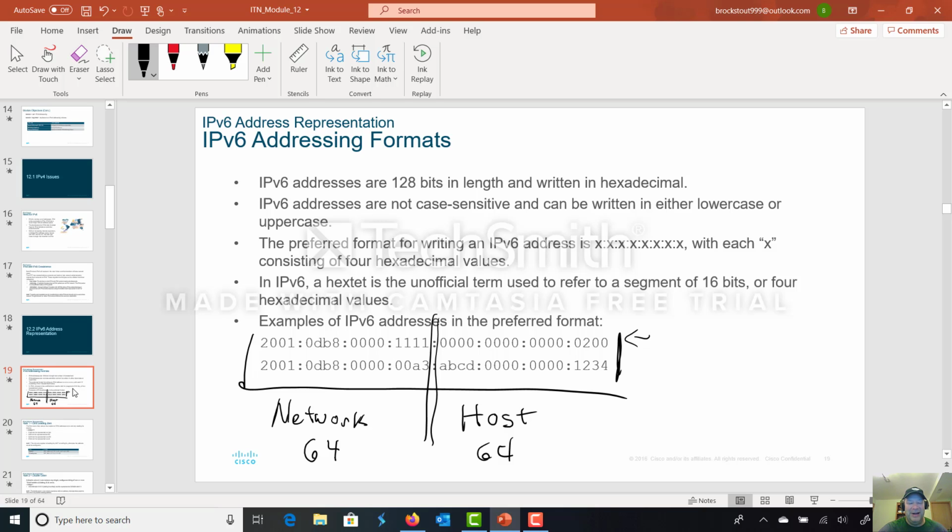We don't have to worry about subnetting on LANs because our LANs are 2 to the 64th power big, and that's just way bigger than any LAN is ever going to be. So we will do some subnetting when we get into passing from router to router, because you can hierarchically update things. But as far as a host goes, your subnet mask is always going to be /64. So that's pretty cool.